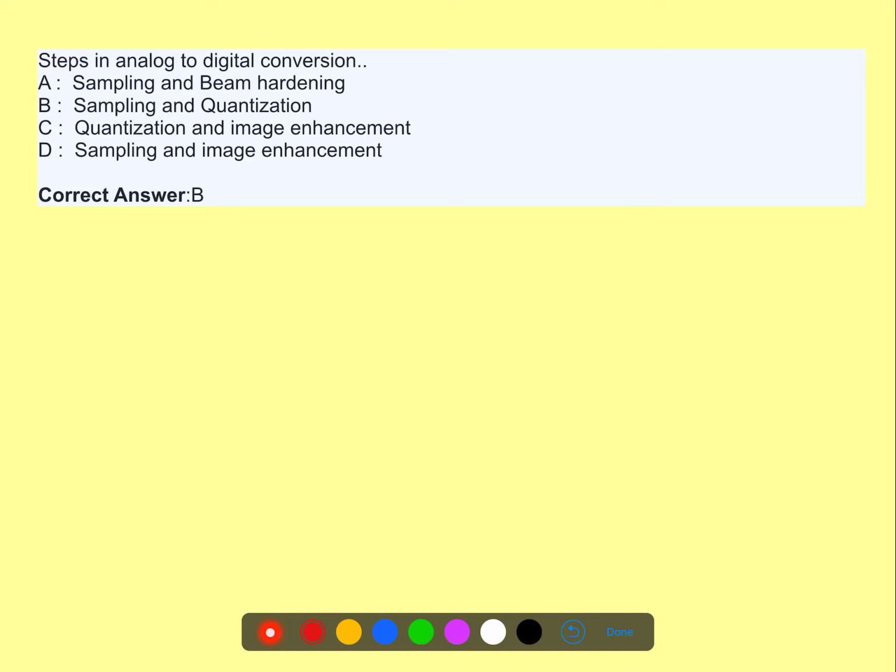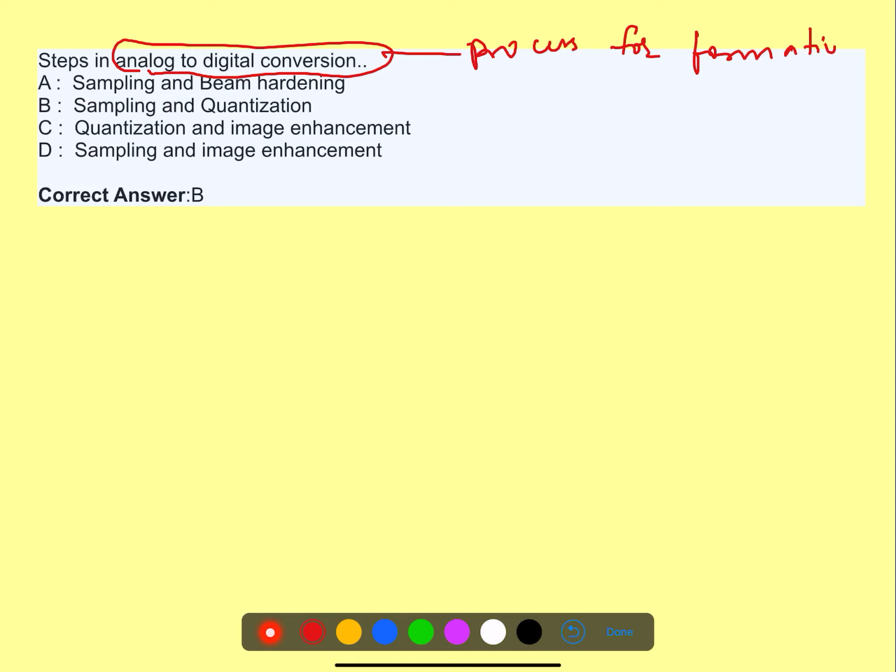So, steps in analog to digital conversion. This analog to digital conversion is a process for formation of a digital image.